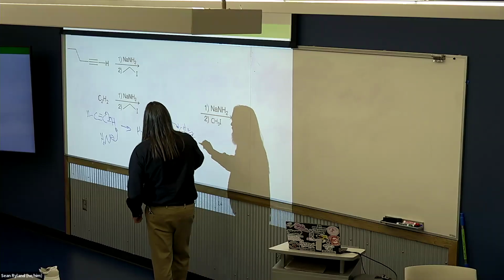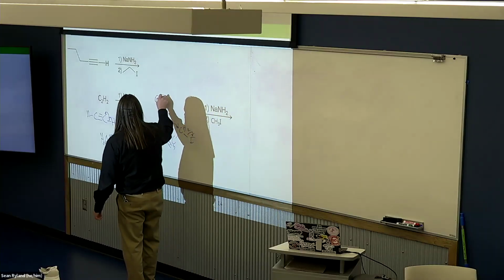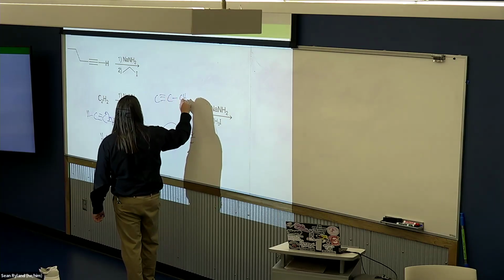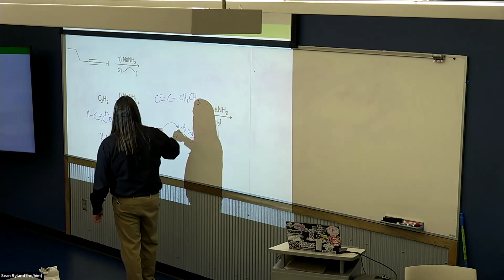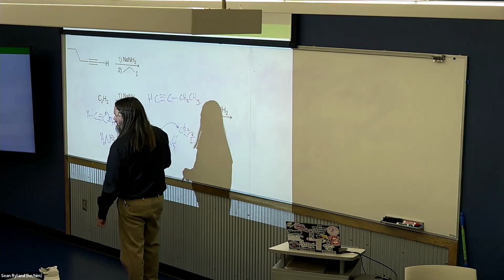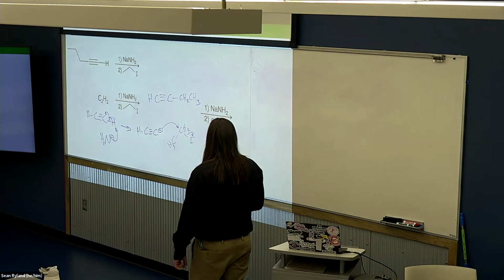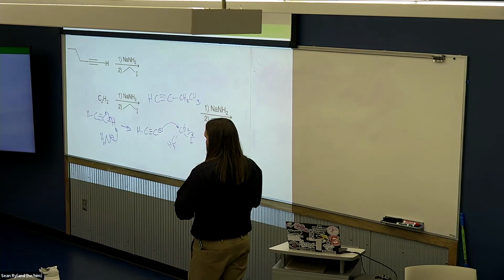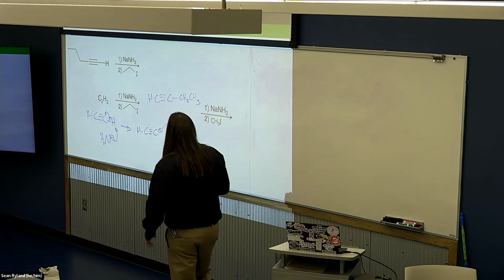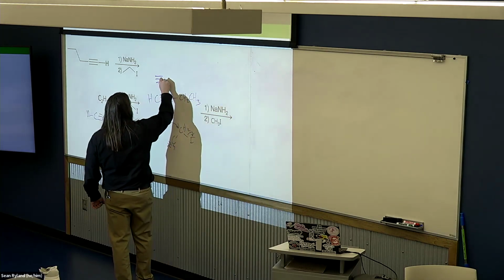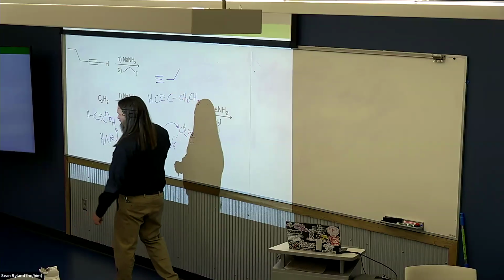So then we're going to make an intermediate here, or we're going to make a molecule, which we're writing out, skeletal structure would look like that.